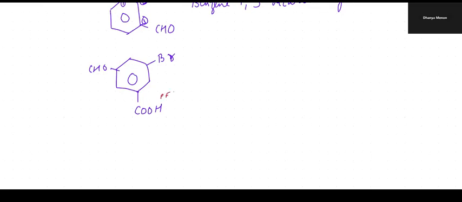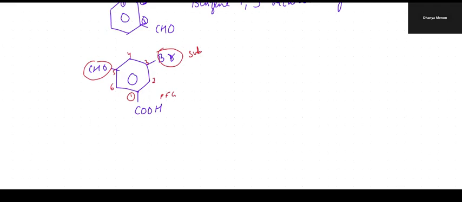So we give position 1 here. So bromine and CHO have become substituents. And we have to number it. Now suppose if we number it from here, 1, 2, 3, 4, 5, 6.